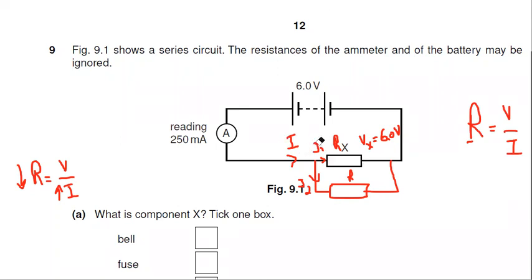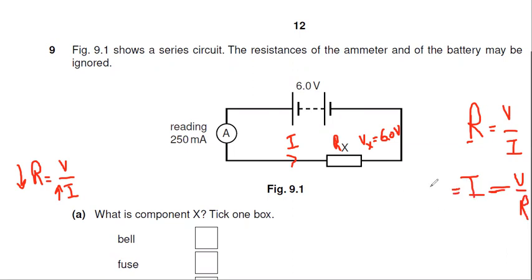For this part, the current that was inside this circuit was equal to V over R. V was 6 volts and the R was Rx, with no change in that.